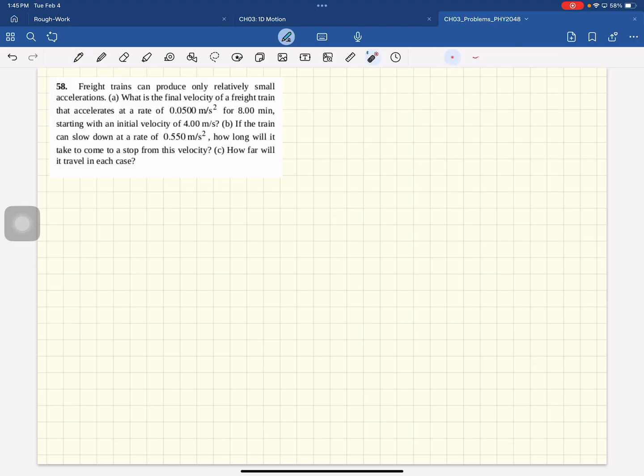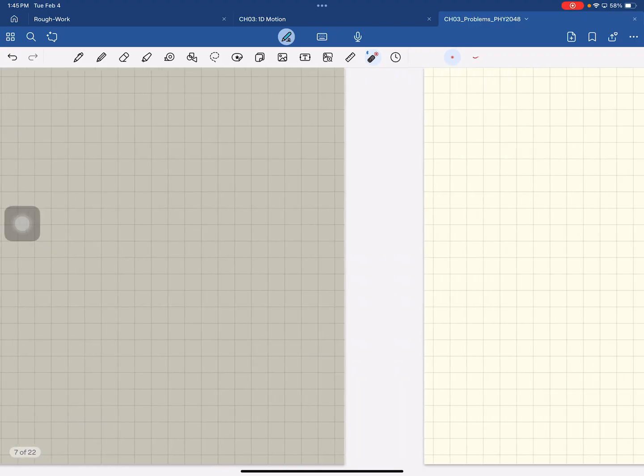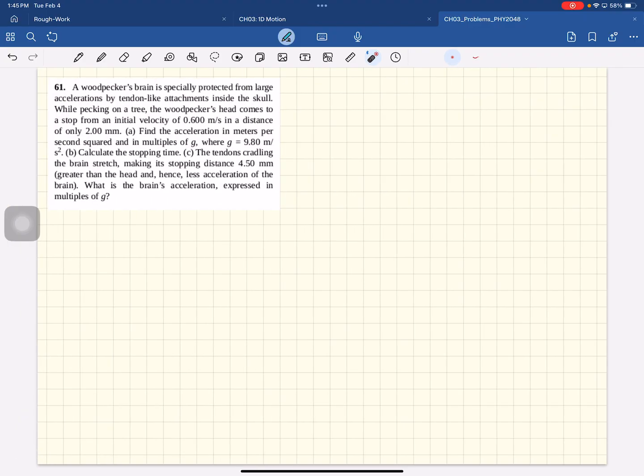All right, this is a problem similar to what we've done, so you guys can look at it. So here's an interesting problem. A woodpecker's brain is specially protected from large accelerations by tendon-like attachments inside the skull. So let's say here's the skull.